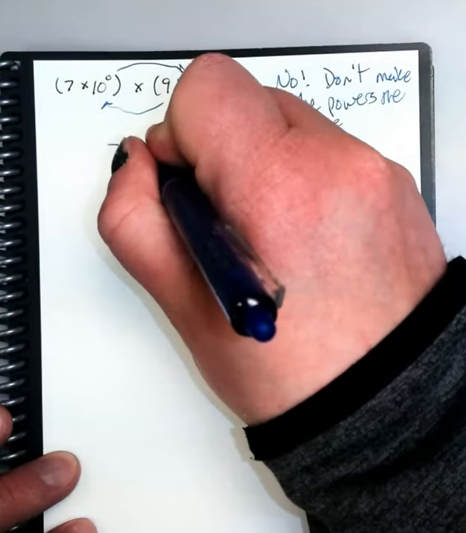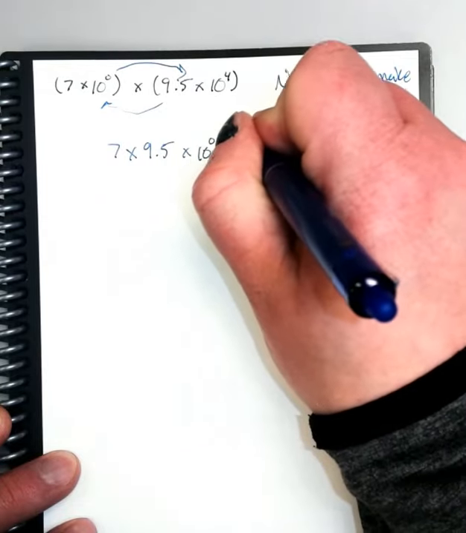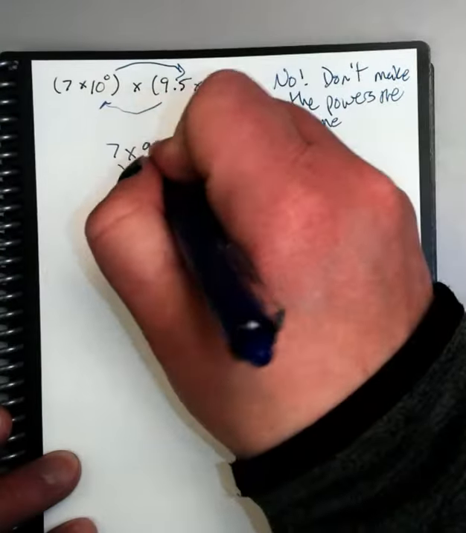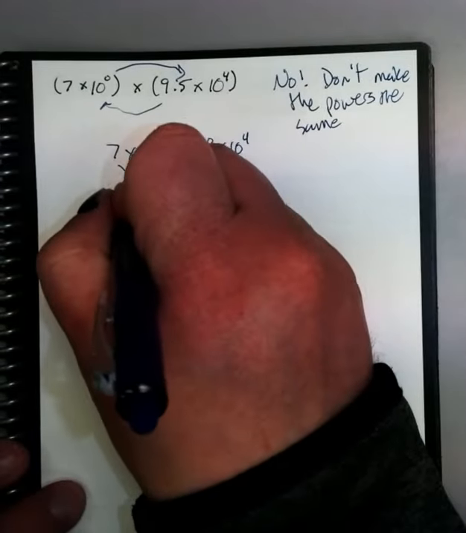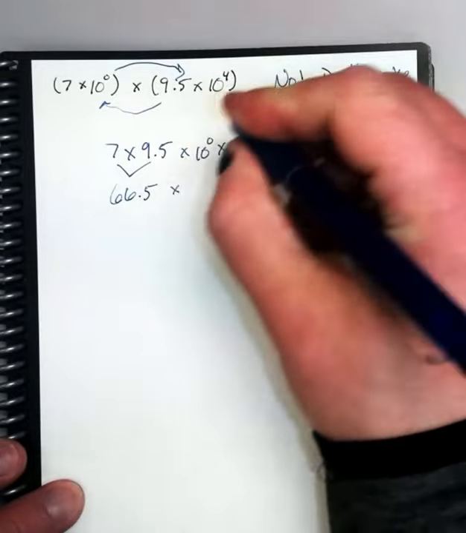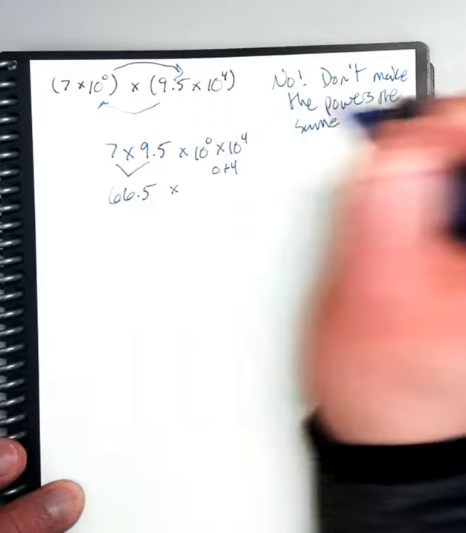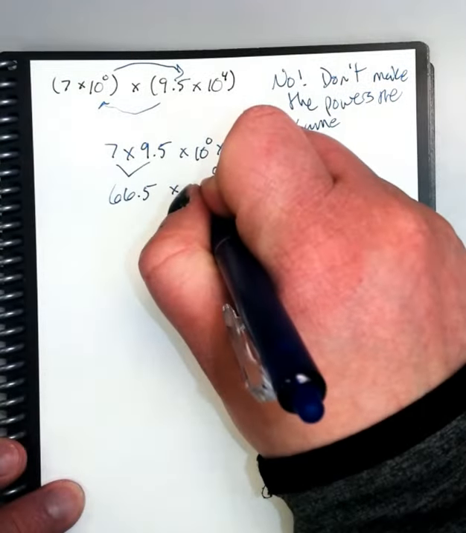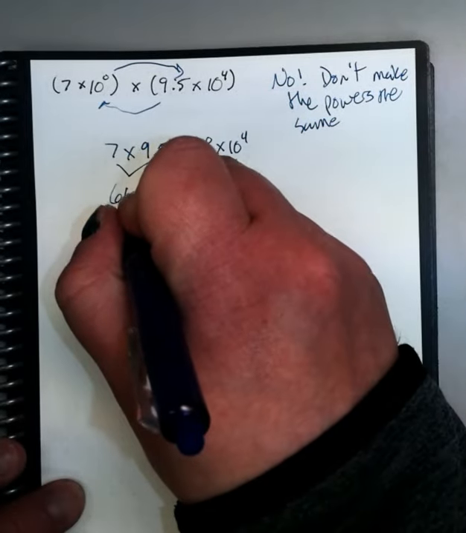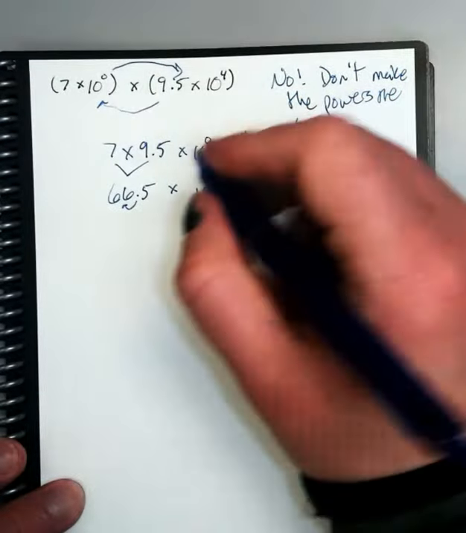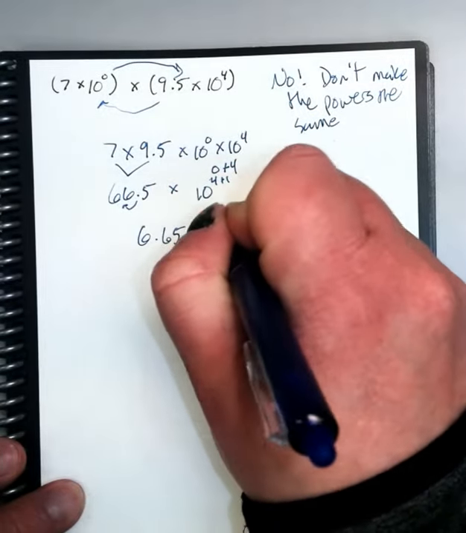So this is 7 times 9.5 times 10 to the 0 times 10 to the 4th. 7 times 9.5 is equal to 66.5. And remember, I'm going to add 0 and 4. 0 plus 4 is just 4. Move my decimal point to the left, so I add another power. This is 6.65 times 10 to the 5th.